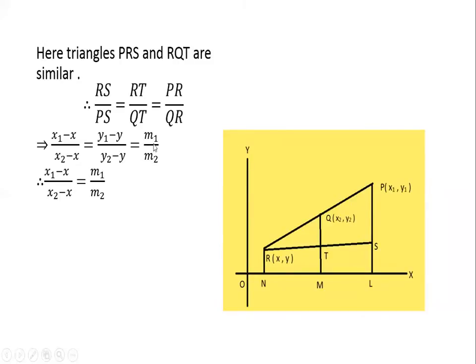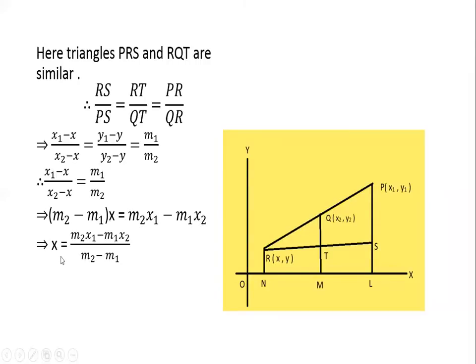Taking first and third term, we can write x1 minus x by x2 minus x equal to m1 by m2. After calculation, we can write m2 minus m1 into x equal to m2 x1 minus m1 x2. Finally, we get the value of x, which is m2 x1 minus m1 x2 by m2 minus m1. And taking second and third term, we can write y1 minus y by y2 minus y equal to m1 by m2.